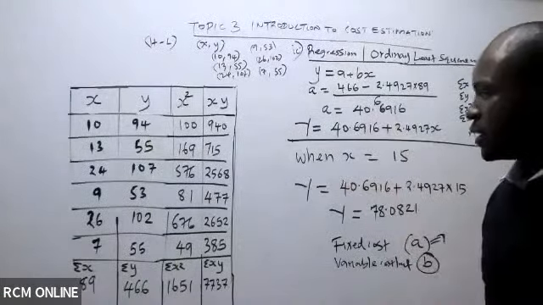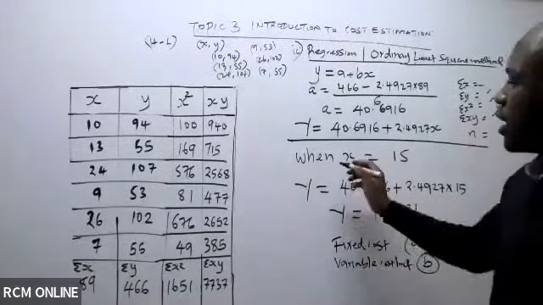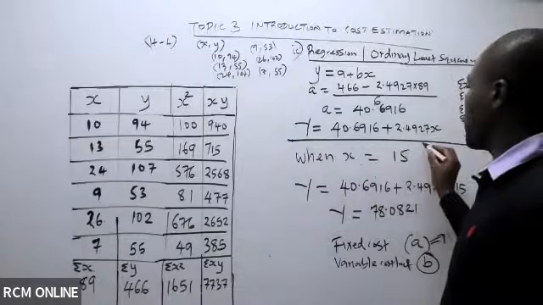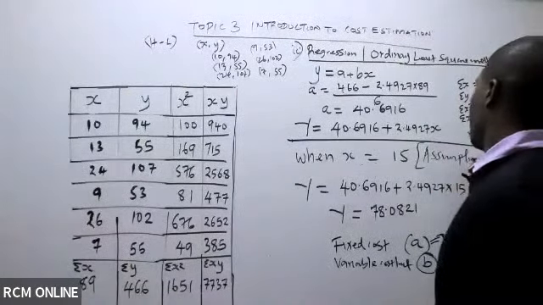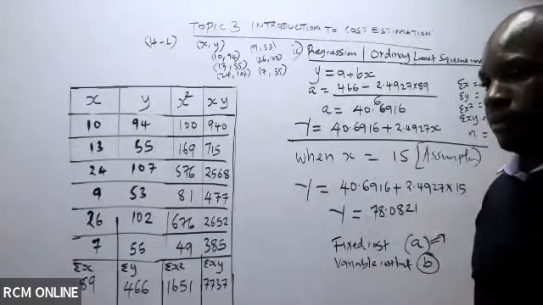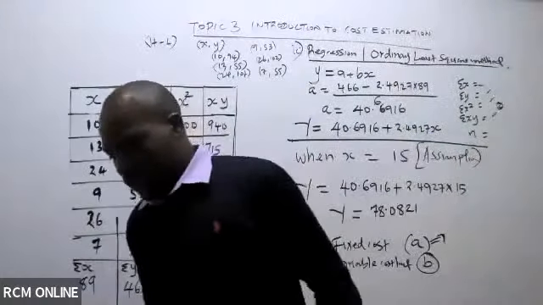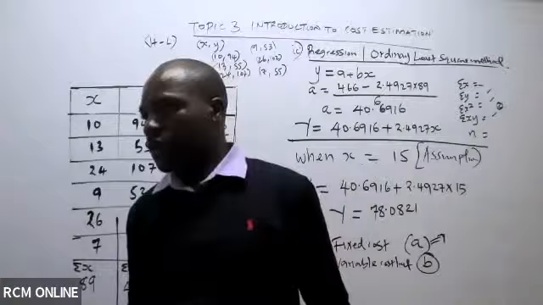Roman 2, we said, can you find the value of y when x is 15? This is an assumption. Assume x is 15. What will be the value of y? Good. So I believe that is clear.